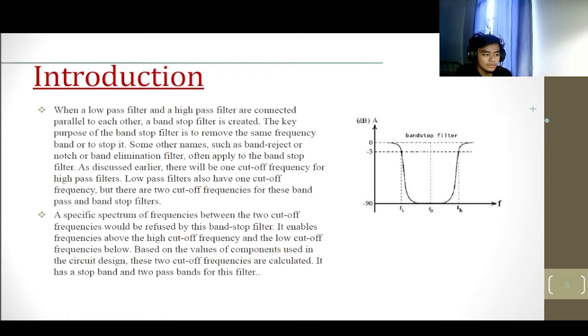It enables frequencies above the high cut-off frequency and below the low cut-off frequency. Based on the values of the components used in the circuit design, these two cut-off frequencies are calculated. It has a stop band and two pass bands for this filter.